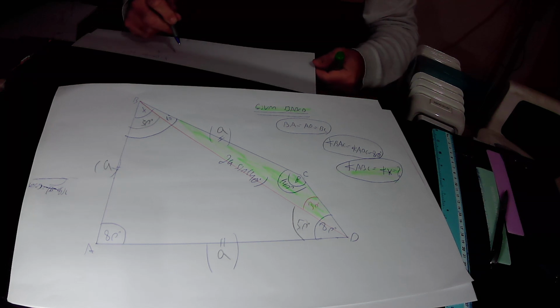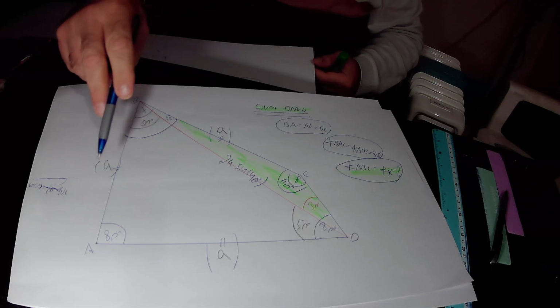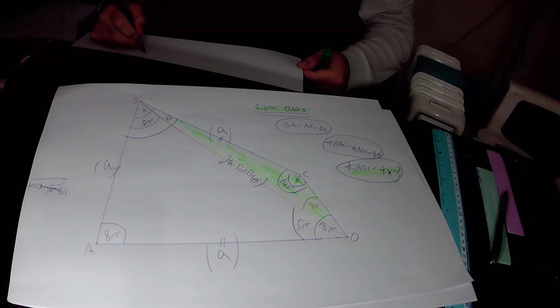So we actually found out that the angle that we are looking for in this question, that is actually angle ABC, is equal to angle X, which is equal to 60 degrees in size.